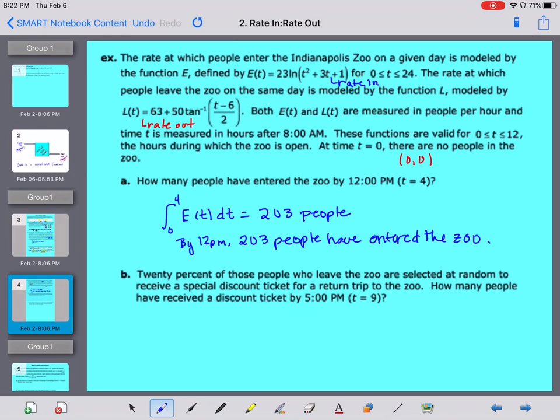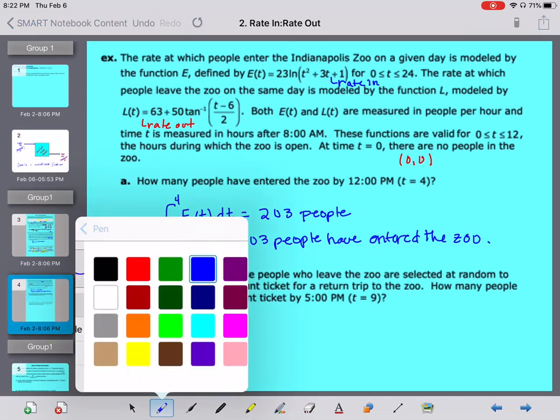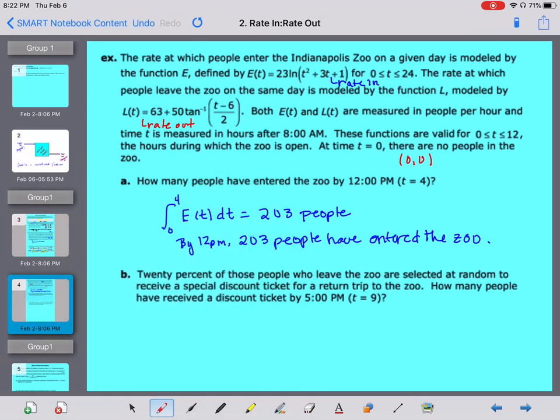So if I want to integrate, get the total amount of people, I'm going to integrate the rate at which they're leaving the zoo. Okay, from 0, time starts at 0 to 9. And it talks about 20%.